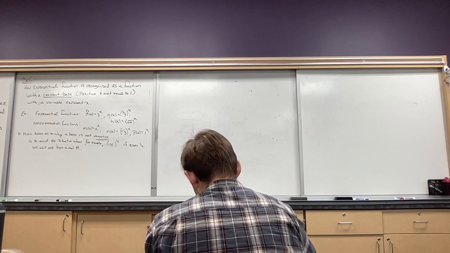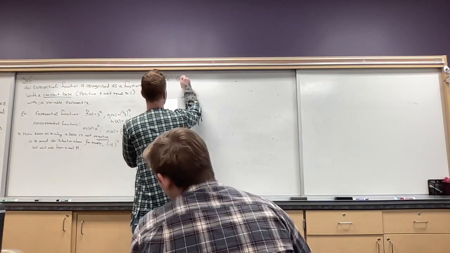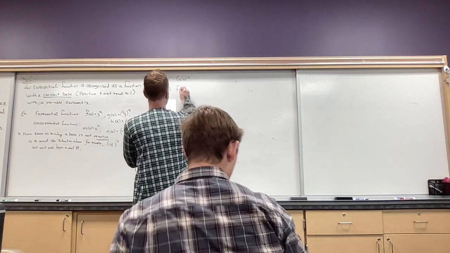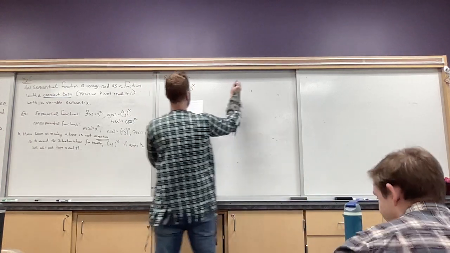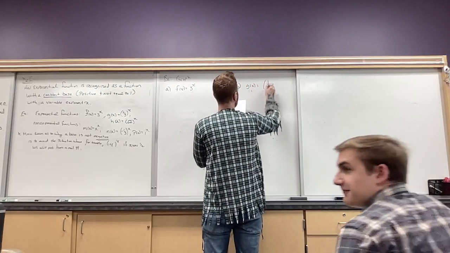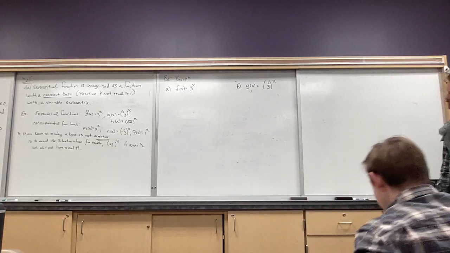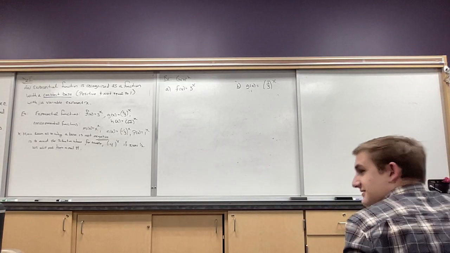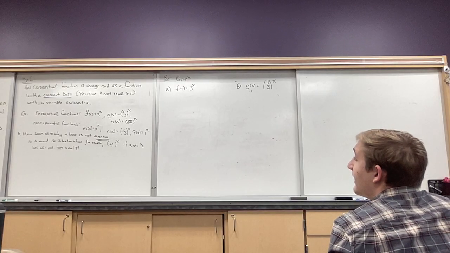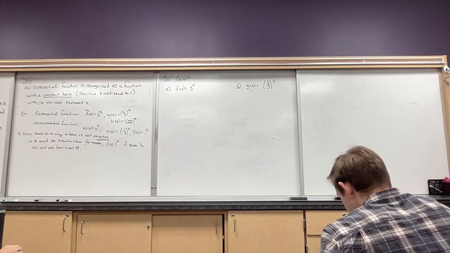All right, let's graph them. So example, let's graph the following. So part A, we're going to graph f of x equals 3 to the x. And then part B, we're going to graph g of x equals 1/3 to the x. Okay. Observe some properties, like just some characteristics when we graph it.